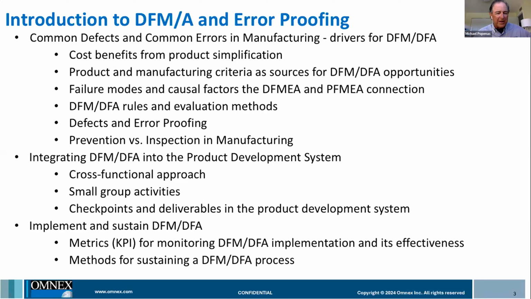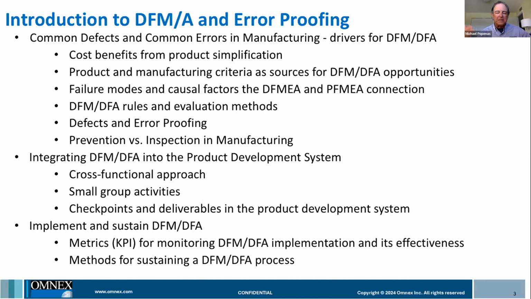And then how do we actually integrate these design for manufacturing and assembly rules into our product development system? Some of the things are going to be fundamental to making us successful in the way we do work when it comes to simplifying our overall production system, really focusing on getting cost out as a result. That's what we're looking for by simplifying our designs and simplifying our processes.